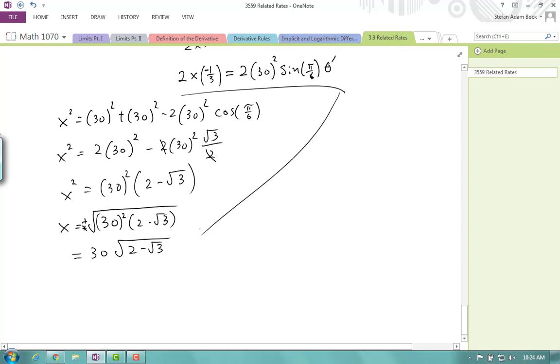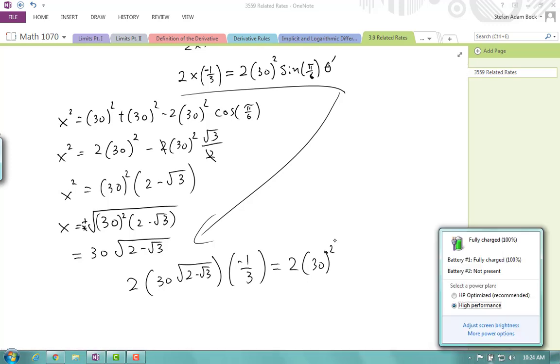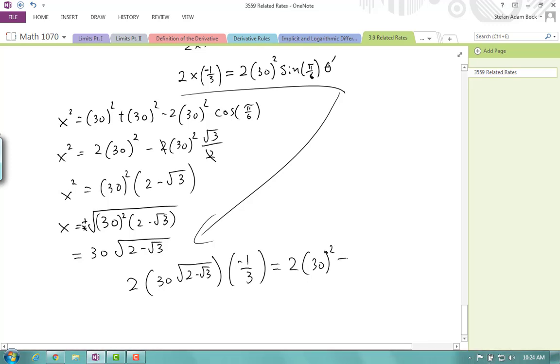So bringing this guy back down, that means I have 30 square root of 2 minus root 3 times negative 1/3 equals 2 times 30 squared times sine of pi over 6. That is 1/2 times theta prime.